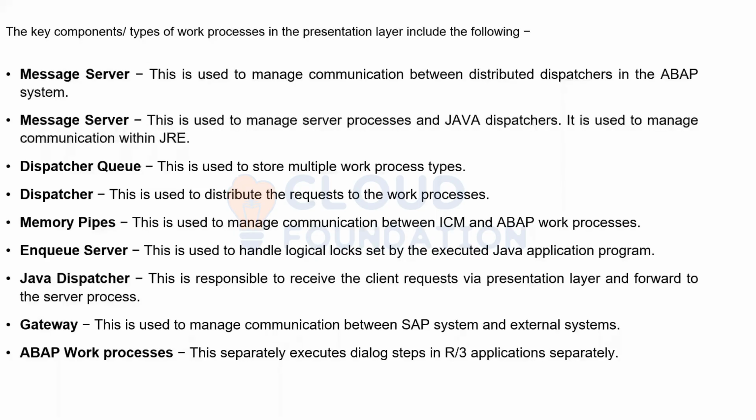Sorry, I can give an example for this. Maybe he's right, because he said that instance means, for example, production, quality and development. For production you will have one instance number, for quality one instance number, and for development one instance number, right? This is how he said.